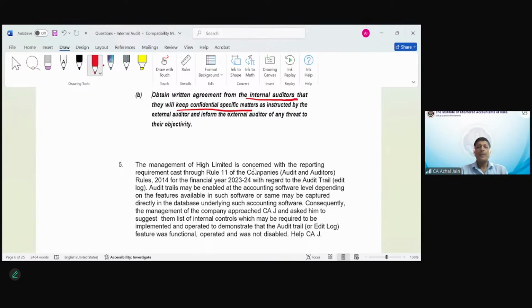So tell me, what are those controls which need to be in place for this implementation and operation to demonstrate the audit trail? Over to you quickly.